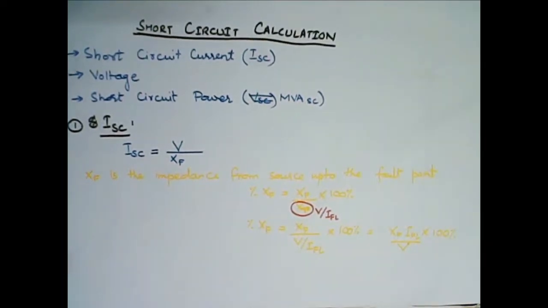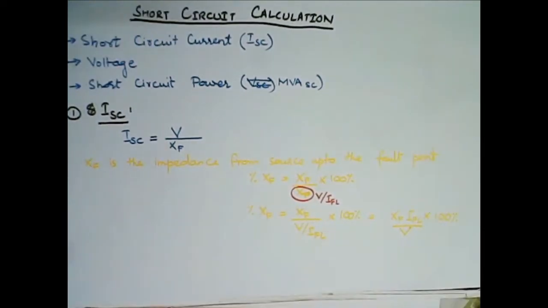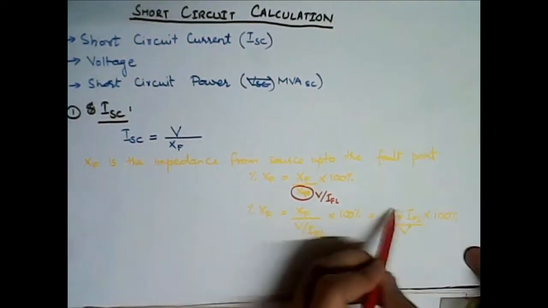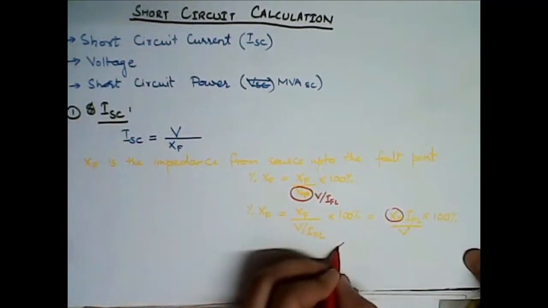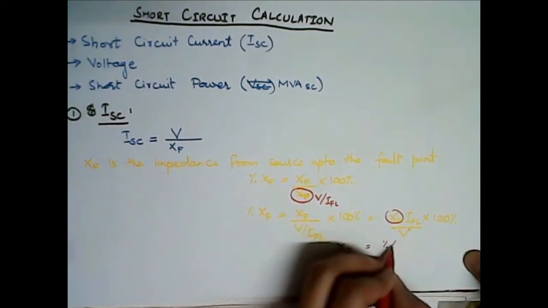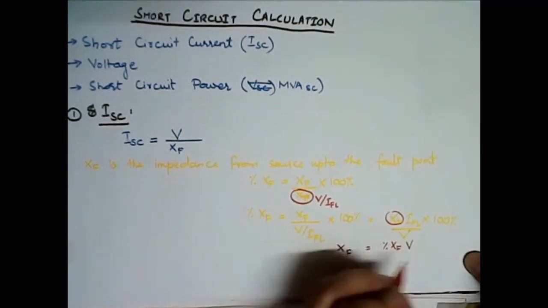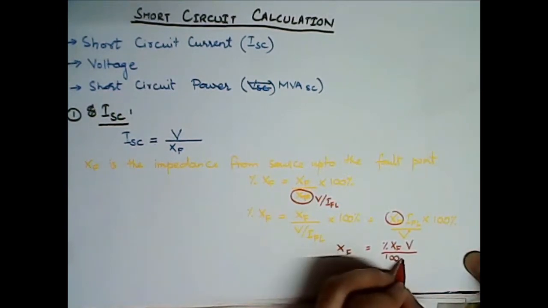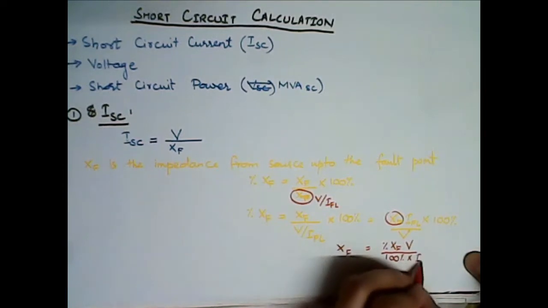Okay, and now we can rearrange this expression to find the value of XF. So XF will be equal to percentage XF times V, which is the voltage, divided by 100 times the full load current.